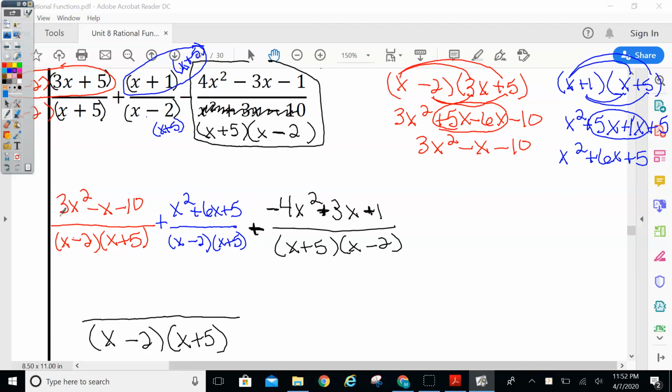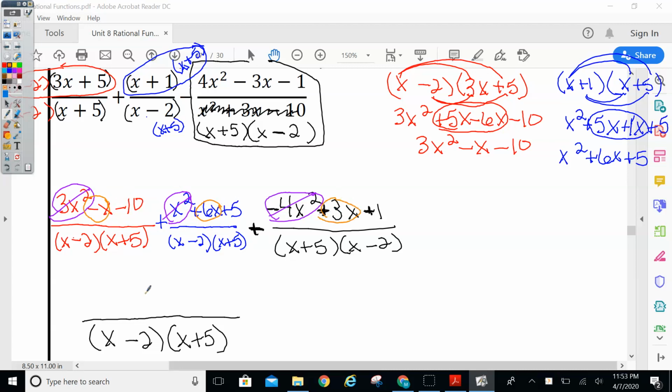Okay, so looking at the x squareds. 3x squared plus x squared makes 4x squared, but then I'm subtracting 4x squared. So these actually cancel. So I'm not going to have a quadratic term. Looking at the x's, we have negative x plus 6, which is 5x.